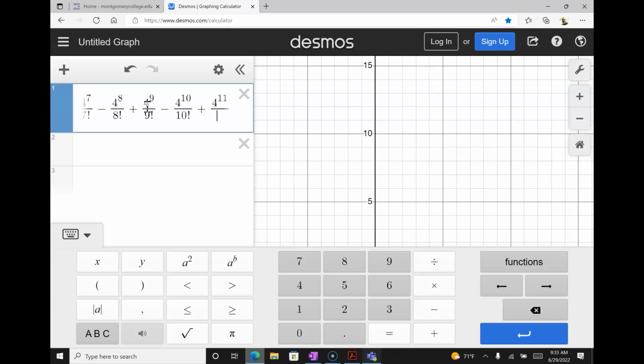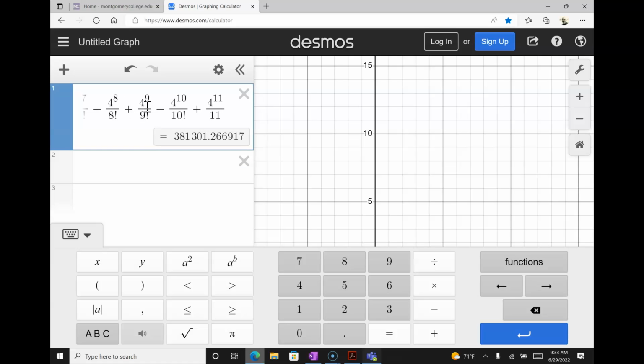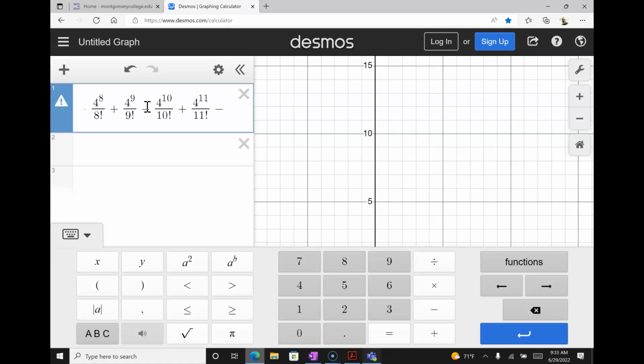No, we don't have to calculate the factorial. I know. Thank God we can use this on the test.